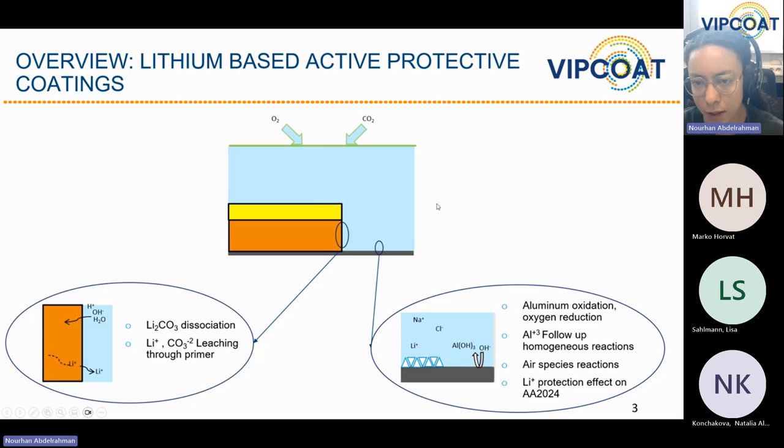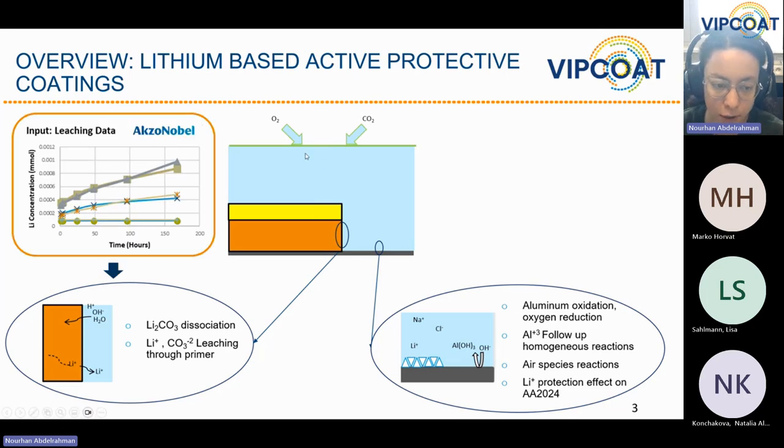To do this, we need some help from experimentalists, so some inputs are being used. For the part of the primer interacting with the electrolyte, we're using some experiments from our partners AkzoNobel. They're measuring how much lithium ion is found in the electrolyte over time.